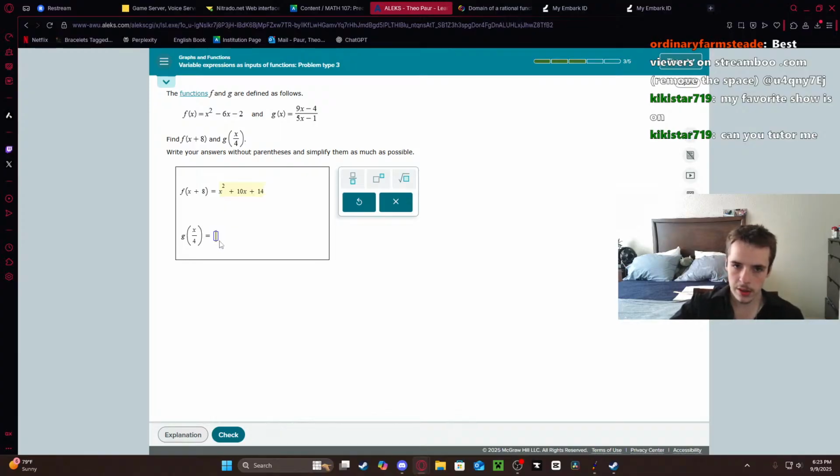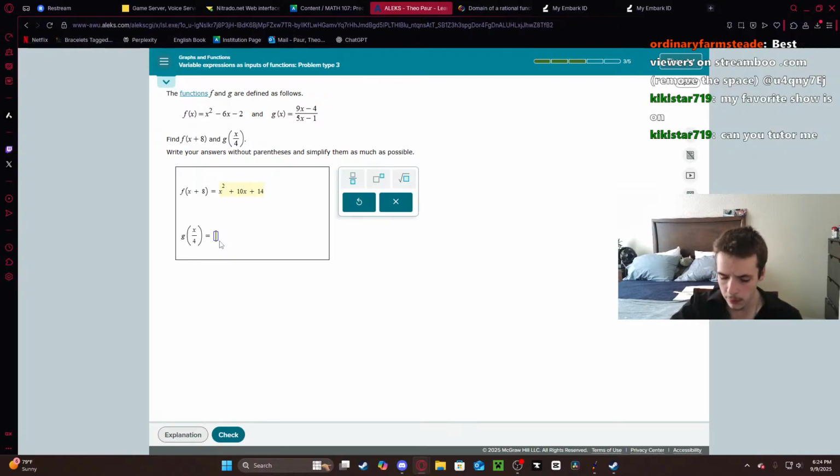Now this next one we have 9x to the 4th minus 4 over 5x over 4 minus 1. Factor those in, we have 9x over 4 minus 4 over 5x over 4 minus 1.